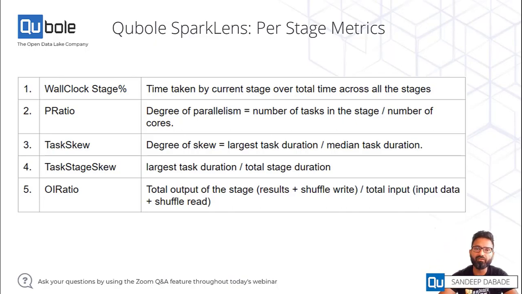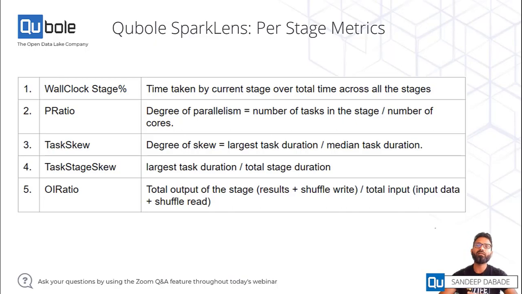Apart from these metrics, SparkLens also runs a simulation model on your application and emits the results of that, giving the scenario of what the impact would be if you added more executors, and what would be the impact of that on total cluster resources or application resources and on time as well.